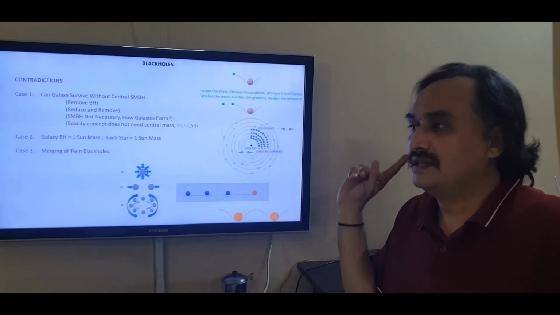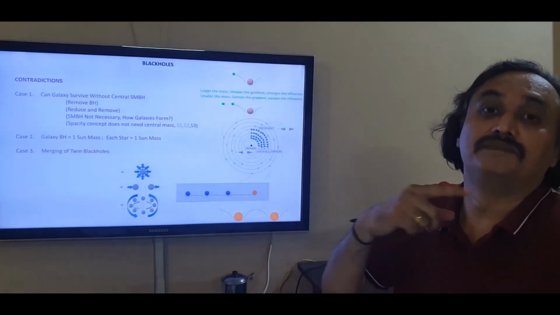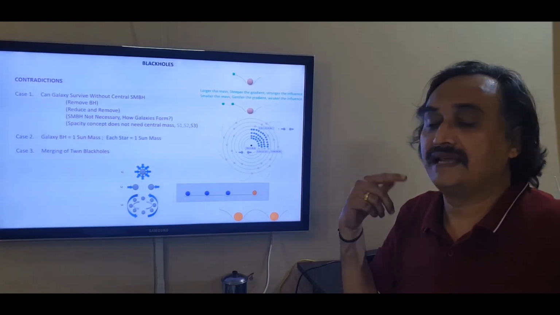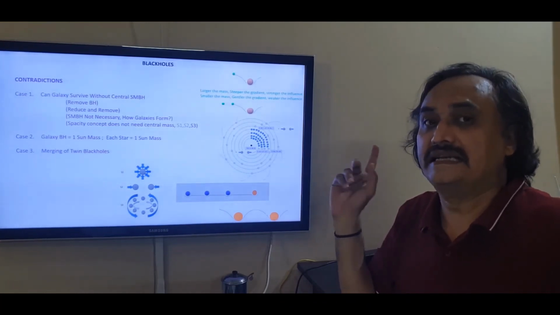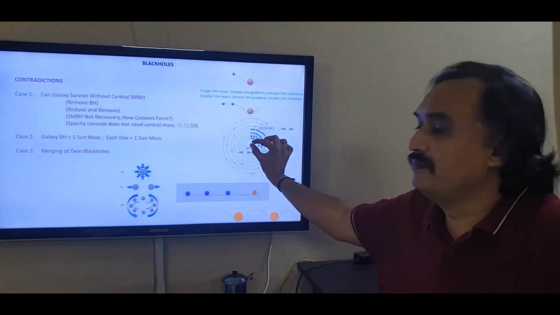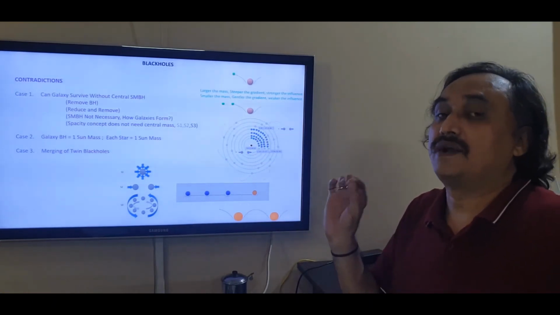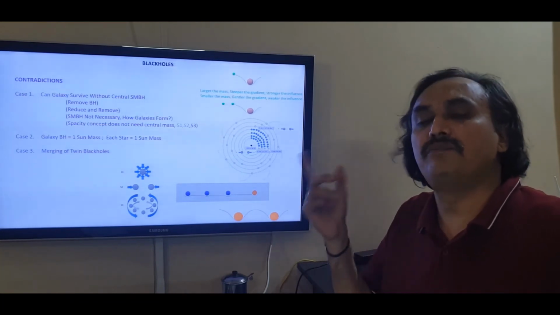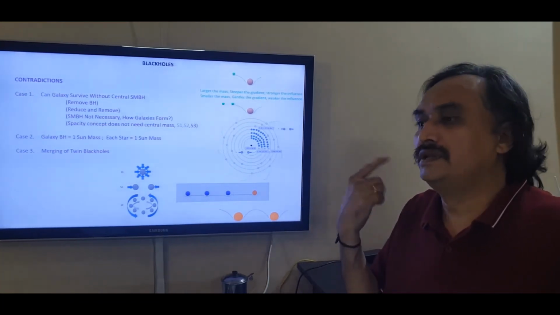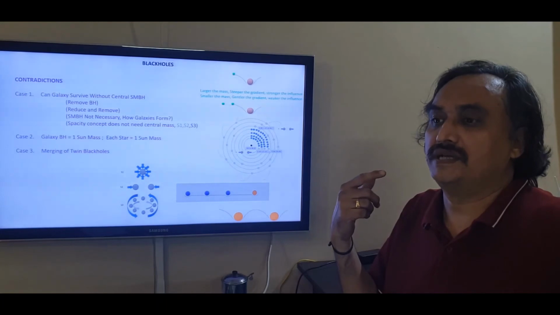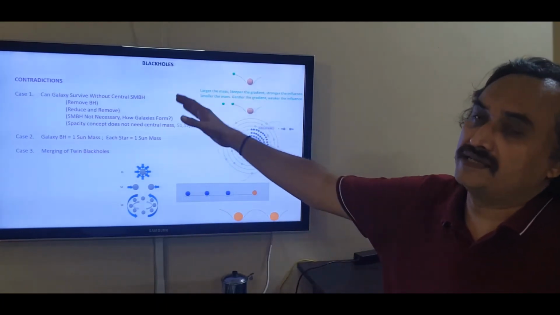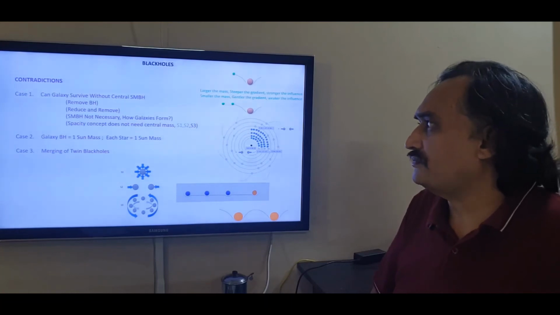Even then, the stars would be going around. They would not be flying away. The galaxy is not getting disintegrated. So even when you remove that one last sun mass weight, even then the galaxy would keep on following the orbit that it was. It is just that it is bigger in size. And this is the contradiction that we talk about.